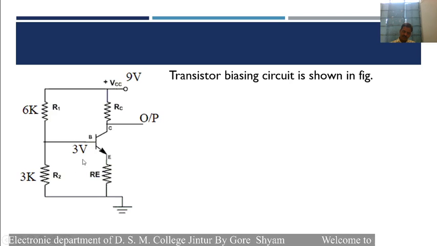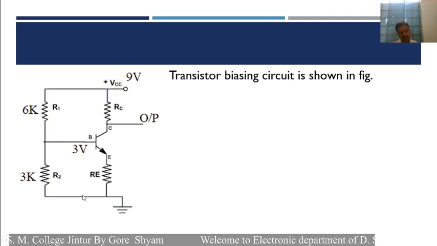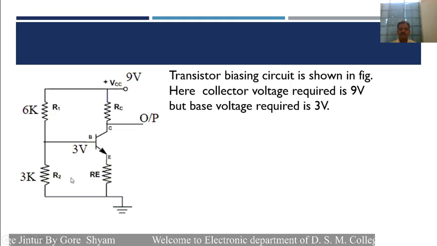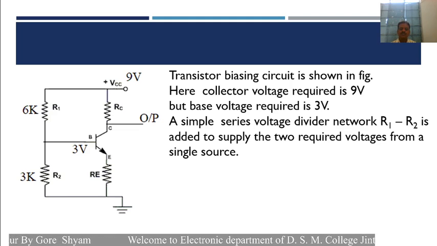The base requires some less voltage than the 9 volt, and for that purpose we connect two resistances, R1 and R2, and these two resistances work as a voltage divider. Here a simple series voltage divider network, R1 and R2, is used, and these two resistances divide the source voltage.